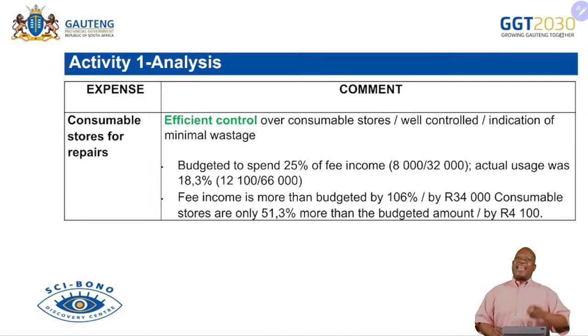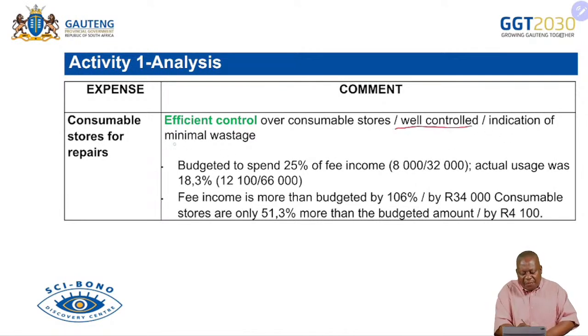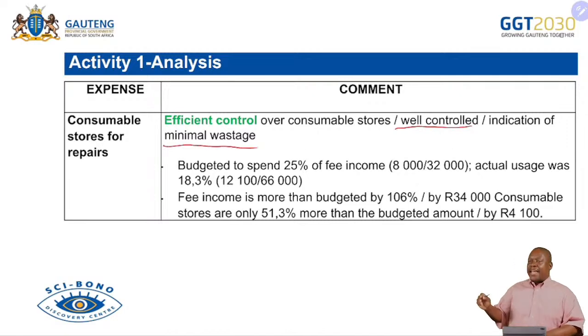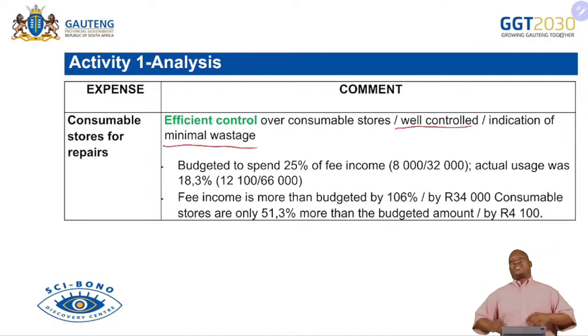We can say they are being well controlled. Or we can say there is no wastage, or there is a minimal wastage of our consumable stores. Why are we saying that? We had budgeted to spend 25% of fee income. Because if we say 8 over 32,000, that is the budgeted. That's about 25%.